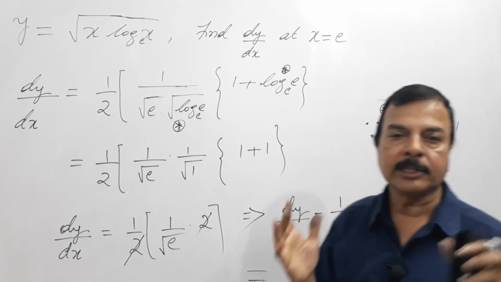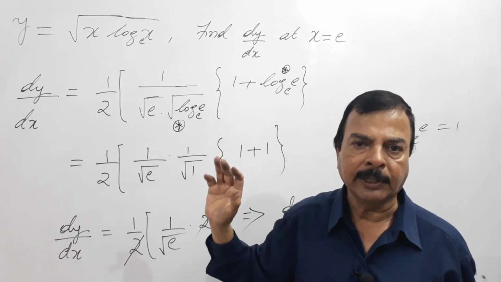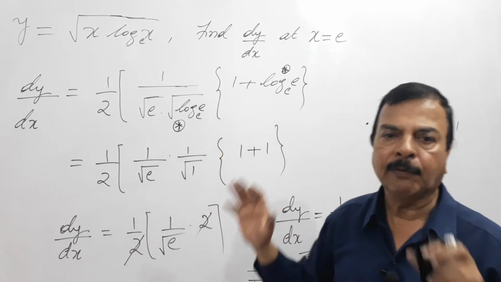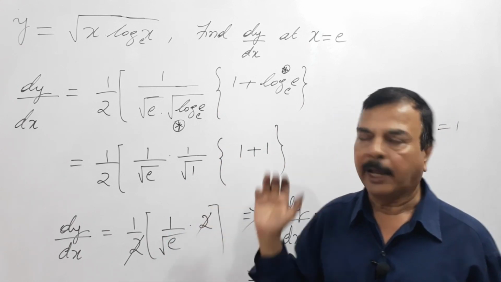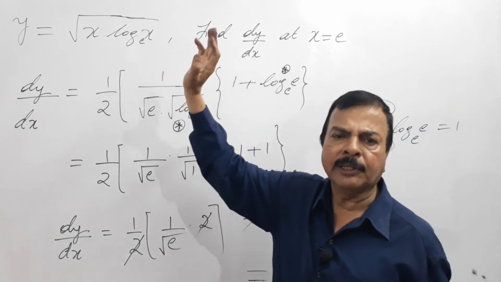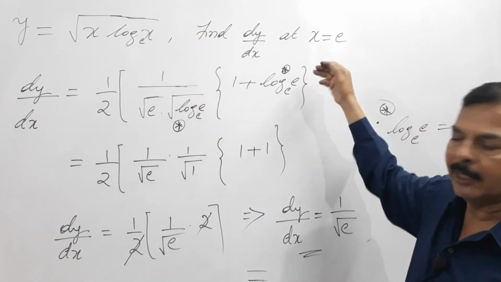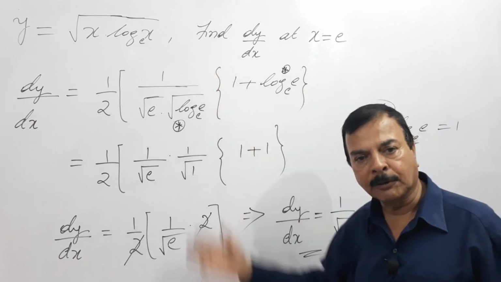So try to analyze the problem, because other than dy by dx, you have nothing else to do, isn't it? So you should think for a while. Anyway, for the problem I have to get the answer, I have to differentiate this as it is. In the event you fail to write the answer here, at least 1 mark let him cut, but at least you know differentiation, you can proceed ahead.